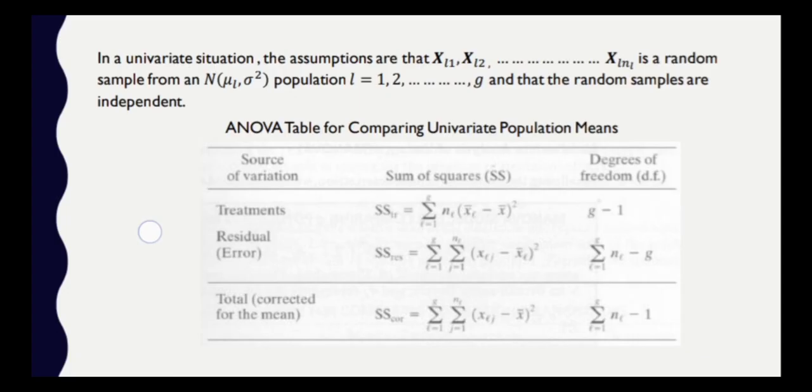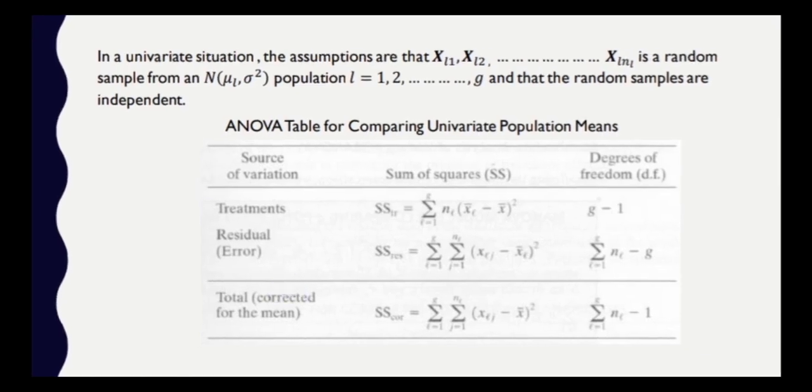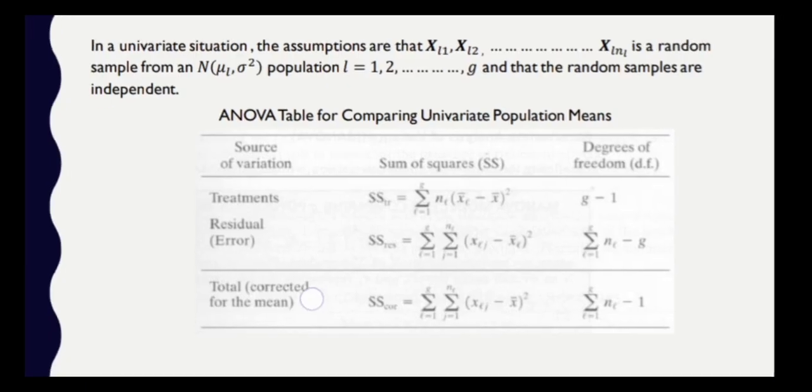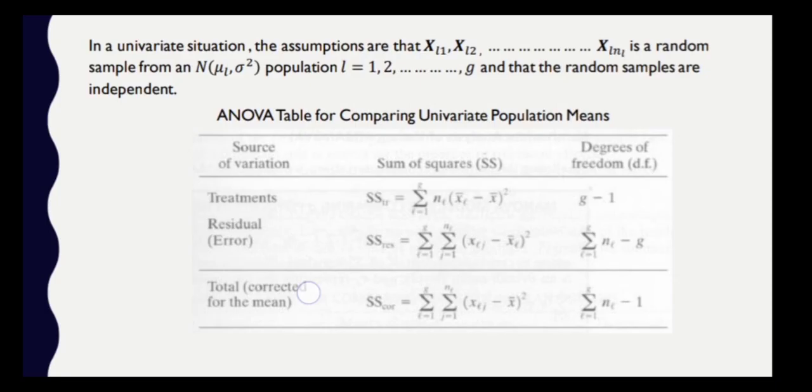SS residual is the double summation of observation minus the mean of each sample population, squared. And then SS corrected is the summation of SS treatment plus SS residual. Look at the degrees of freedom. The degrees of freedom when we are using the one-way MANOVA later are the same.